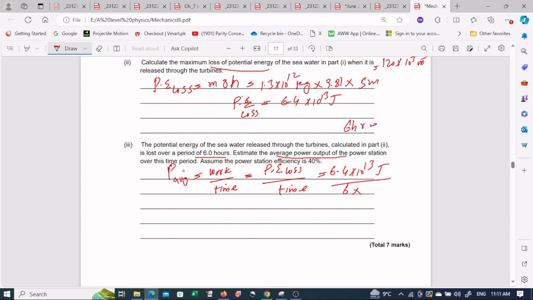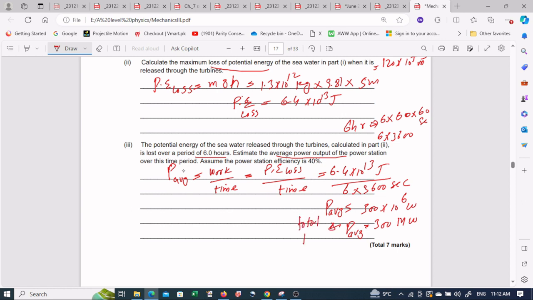We convert 6 hours to seconds: 1 hour is 60 minutes and 1 minute is 60 seconds, so 6 times 3600 seconds. Joule per second is the watt. Dividing, we get about 3 times 10 to the power 9 watts, or 10 to the power 6 is 1 mega, so 3000 megawatts.